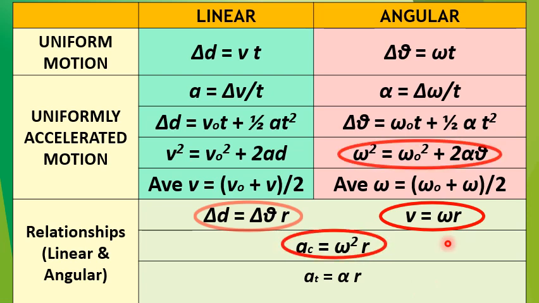And lastly, we also take note of the equation omega squared equals omega naught squared plus 2 times alpha times theta.